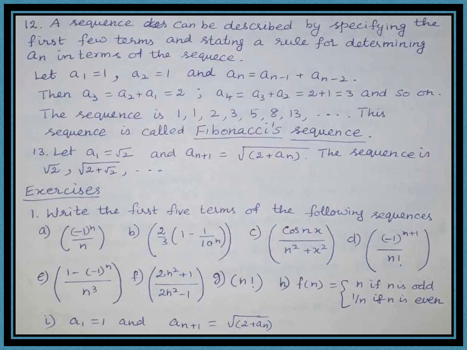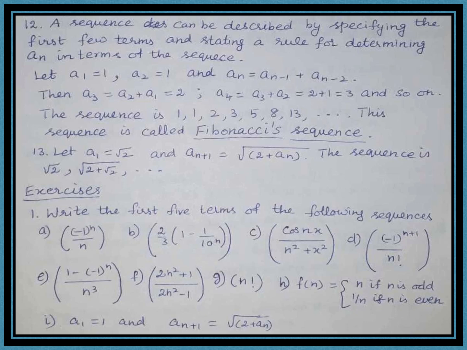When we put n = 2, we will get a3 equal to root of 2 plus the a2 value. The a2 value is again root of 2 plus root 2. So root of 2 plus root of 2 plus root 2 will be the third term, and so on.